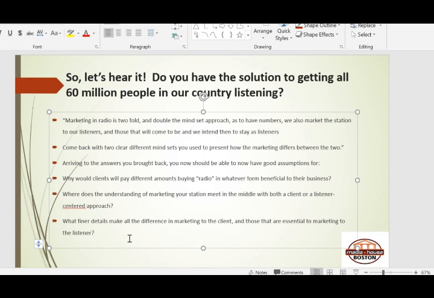I'm saying, like, your marketing technique. It's quite straightforward, but just put it into some words. Where do the two fall? If you imagine them as circles, they will overlap one another: the needs of the client, the needs of the listener.